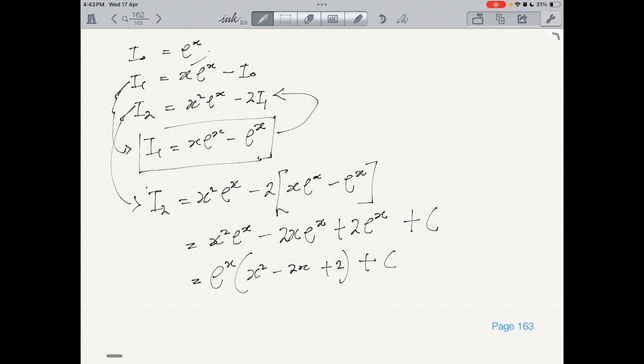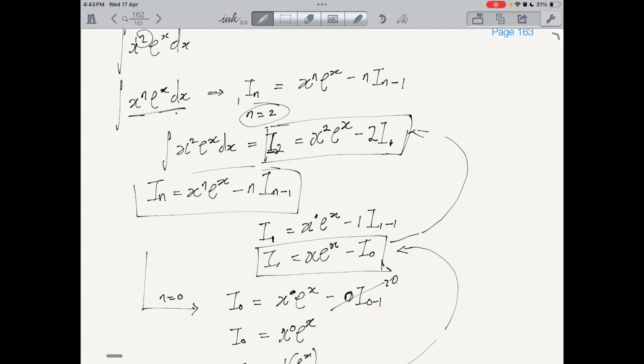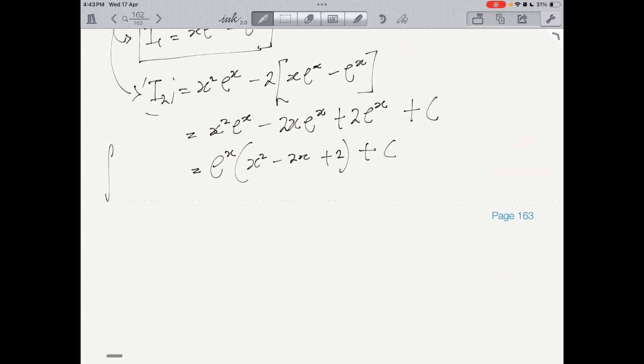And we recall that I2 in the question itself is the integral of x squared exponential x dx. So therefore, the answer to the question is that the integral of x squared exponential x dx will be equal to this.